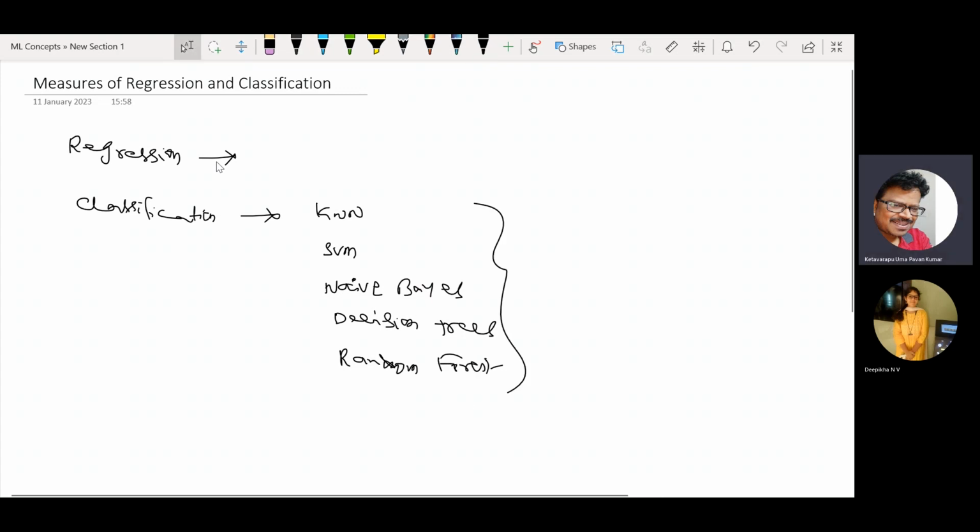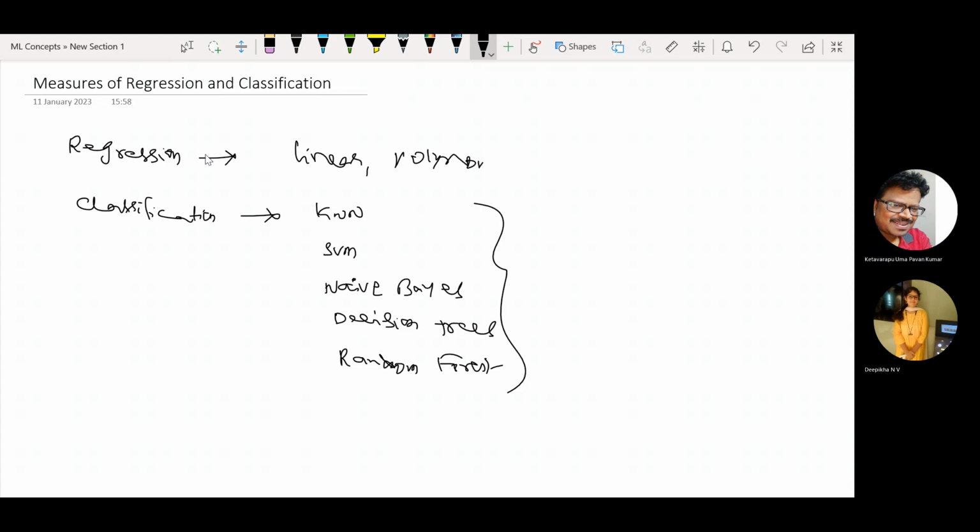Similar to this, in regression we have some algorithms, which are linear regression, polynomial, and then support vector regression, and thereafter even decision tree can be used as a regression guide.